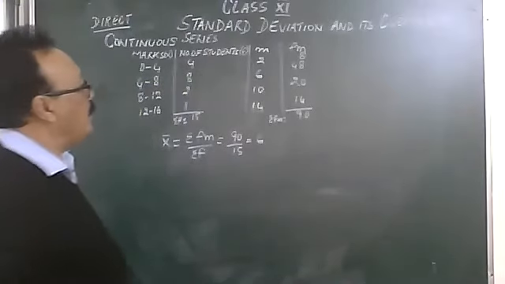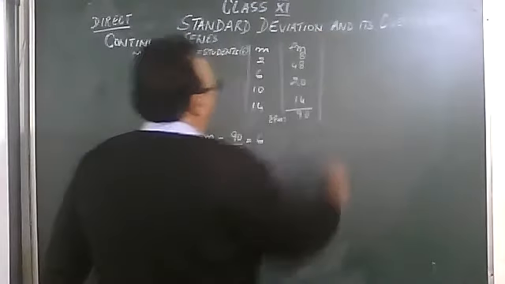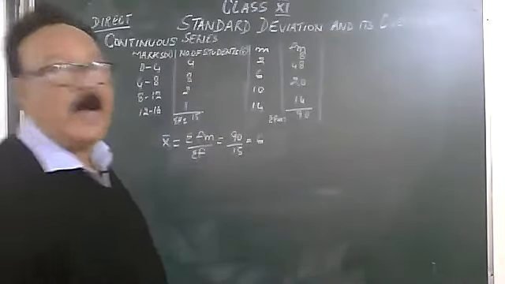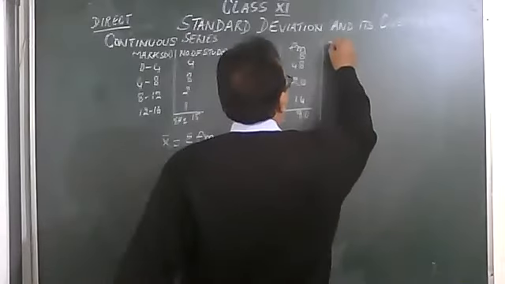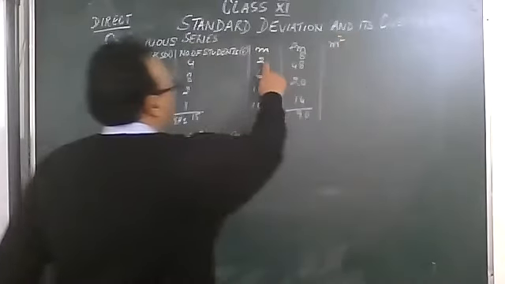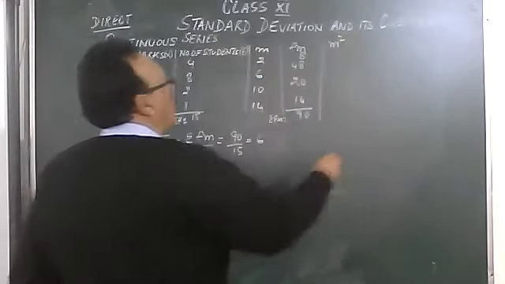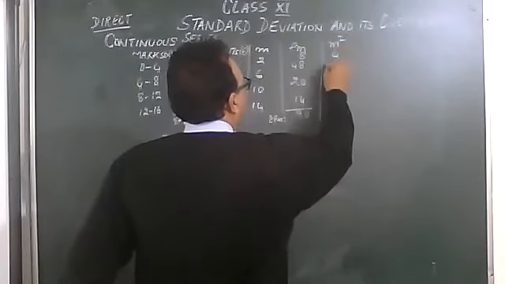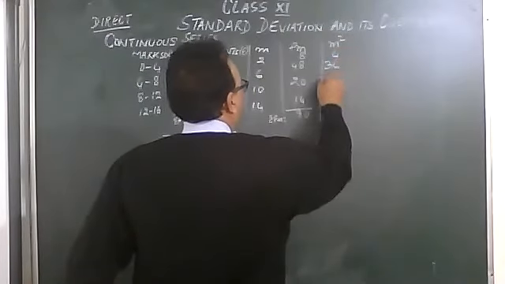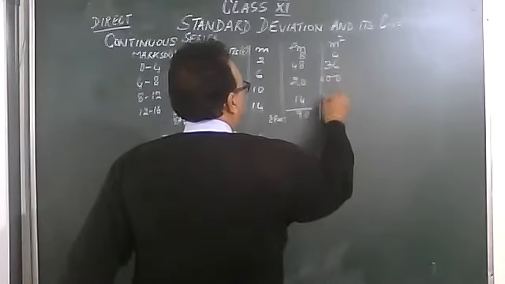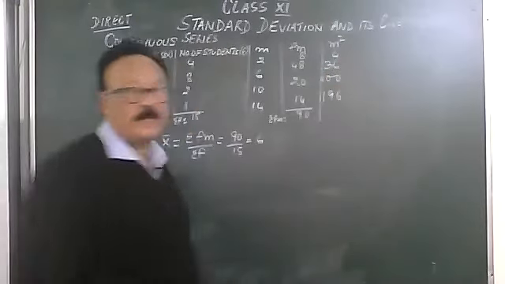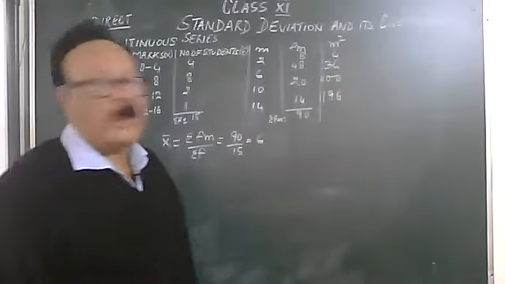Now, children, in the direct method, what do we do? We directly square the m values. These values are squared. 2 2s are 4, 6 6s are 36, 10 10s are 100, 14 14s are 196.